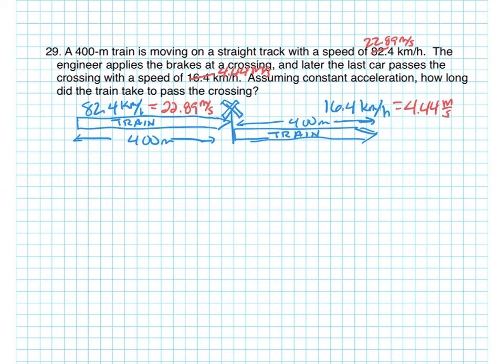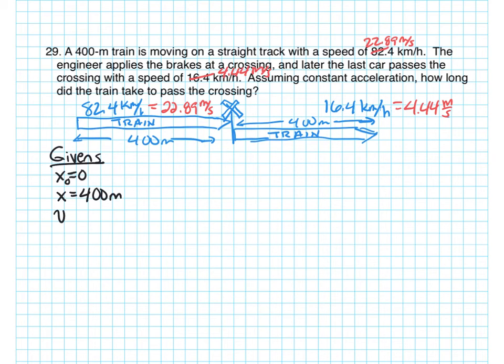Okay, so let's start with our givens. What do we know? We know x naught is equal to 0. We know that 400 meters of the train has passed before it is slowed down.